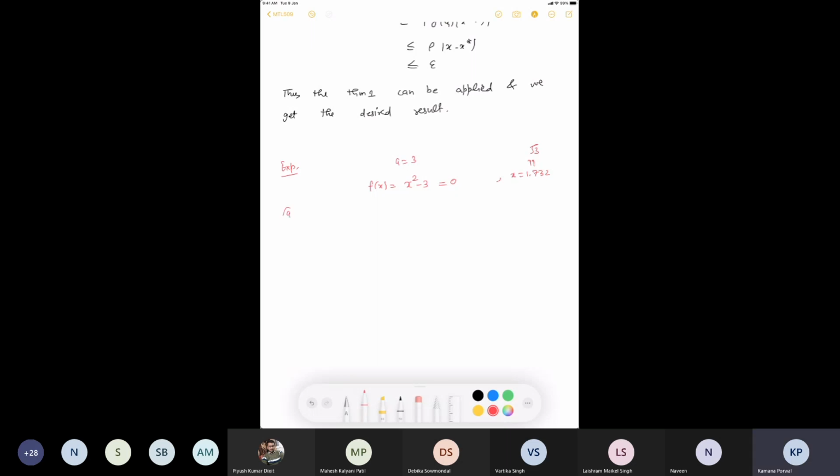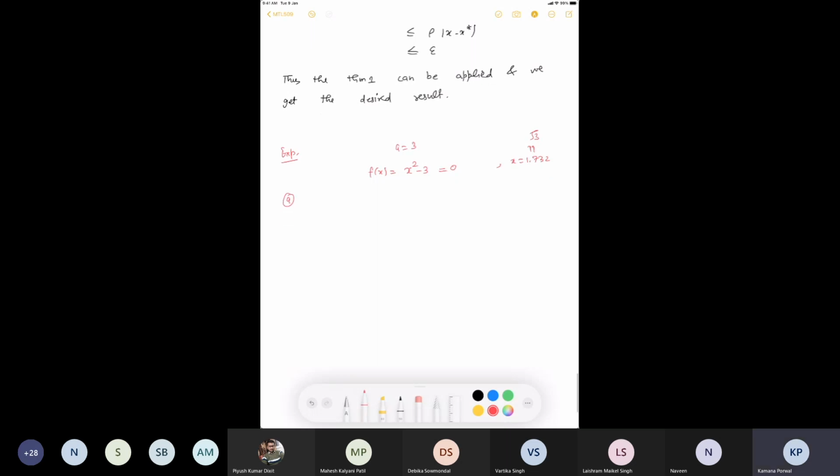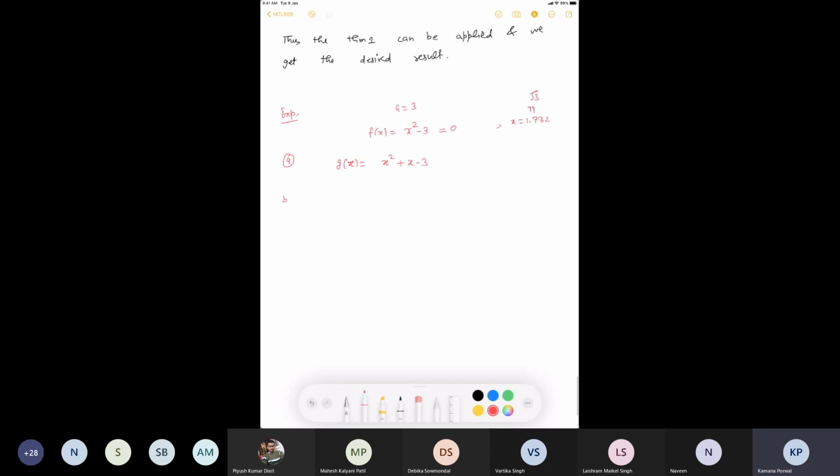And what were the choices of g we had? We took g(x) as x square plus x minus 3, right? That was the first choice. The second choice was 3 divided by x, a is 3 here. And the third choice was 1 by 2 times x plus 3 by x.